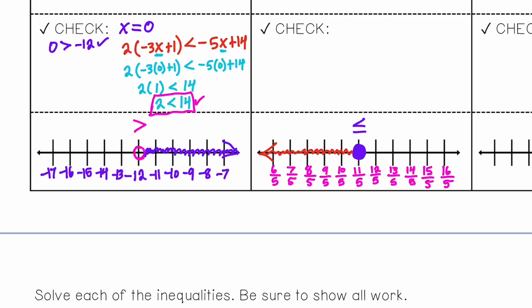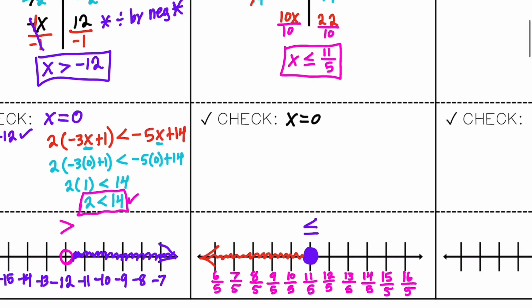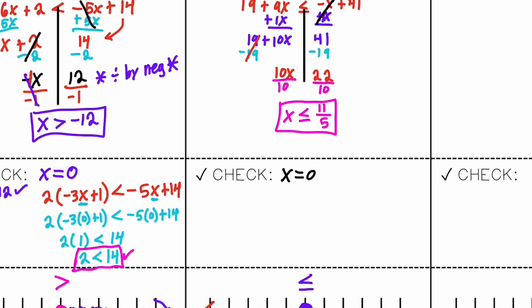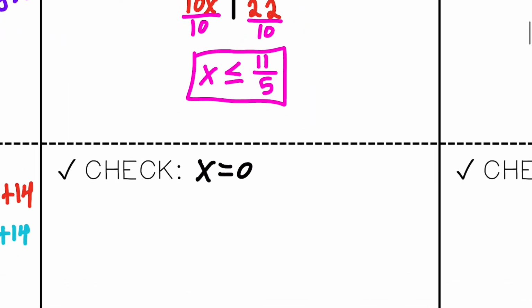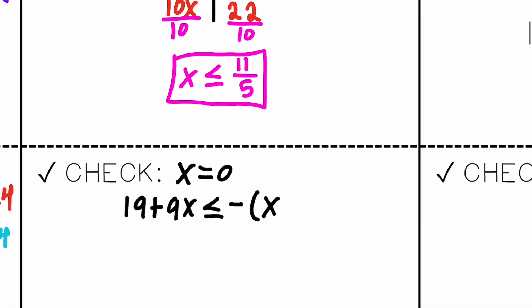So again, we can check with another pretty easy number. So x equals 0. Let's check this out and see if this works. Okay, here is my formula that we are going to plug this into. 19 plus 9x is less than or equal to negative parentheses x minus 41.